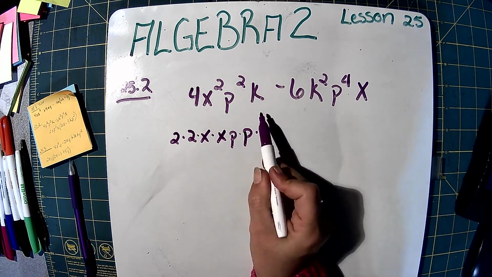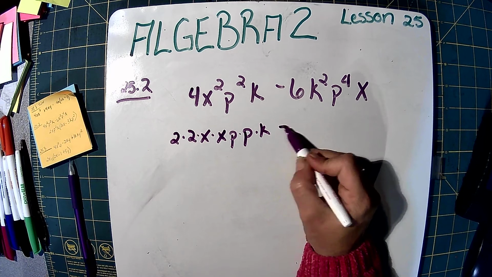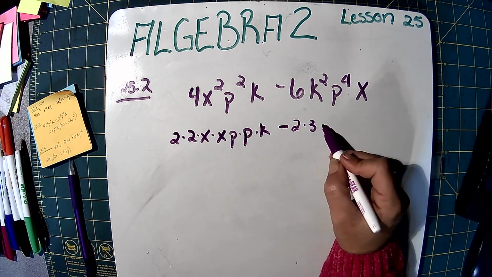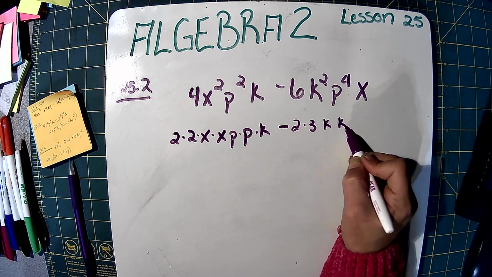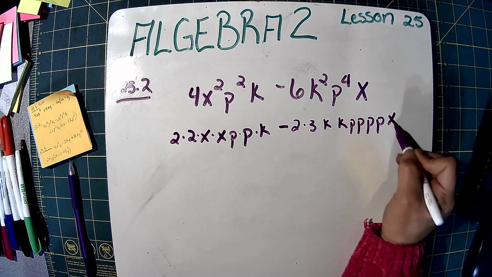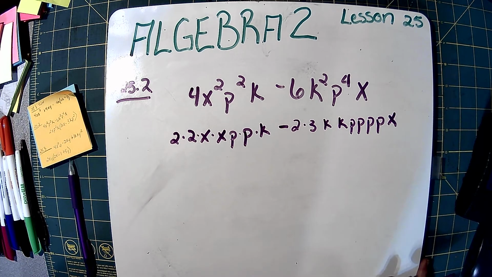So that's all the stuff in there, just written out. This one would be 2 times 3, 2 k's, 4 p's, and an x.